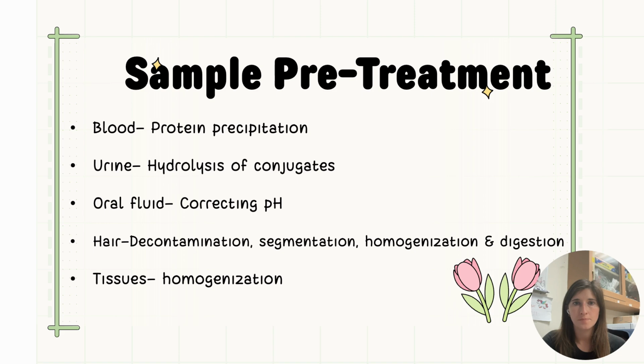And then they're going to be further homogenized in a buffer using something like a blender or a pulverizer. And then later, they're going to be extracted or homogenized in the buffer again. The obtained liquid from the homogenization is what's actually going to be extracted through whatever extraction process is used.